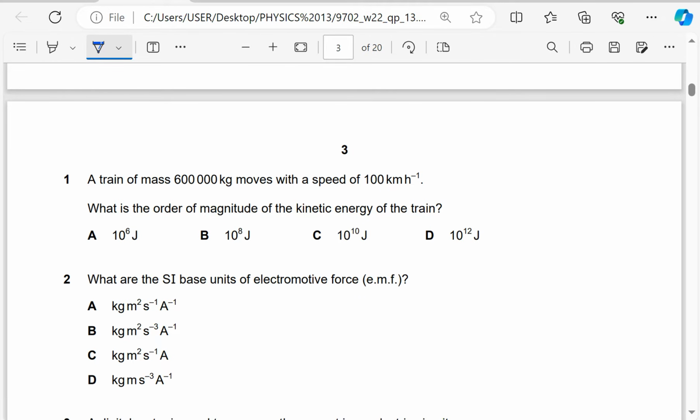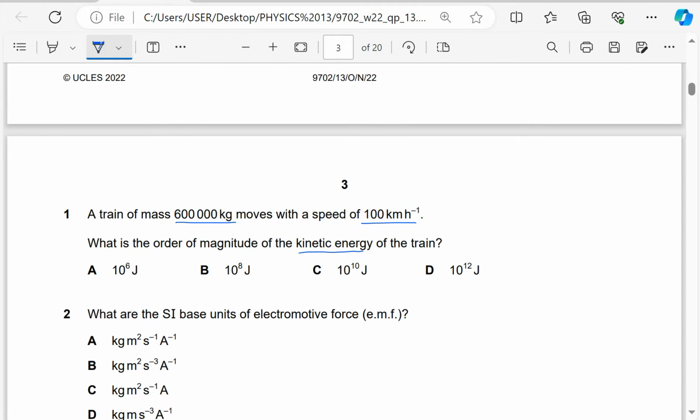A train of mass 600,000 kilograms moves with a speed of 100 kilometers per hour. What is the order of magnitude of the kinetic energy of the train? So I think this is direct because they have given us the mass and the speed. All we need is to change the speed to meters per second.